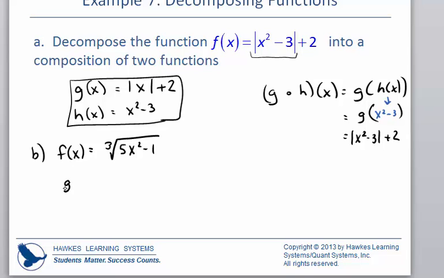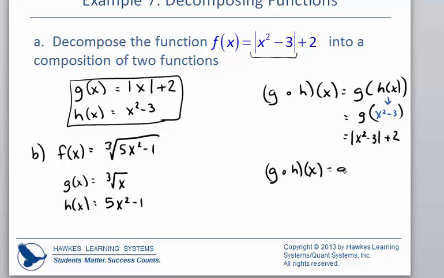So I'm going to let one of my functions be the cubed root of x. And again, how am I going to change this x to a 5x squared minus 1? I'm going to let my second function be that 5x squared minus 1, and I'm going to set up my composition g composed with h.